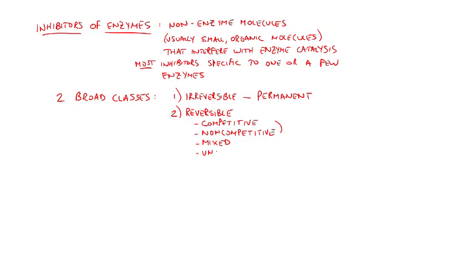And then we've got a weird class called uncompetitive inhibitors. And we'll talk about that one later. And then lastly, we have allosteric inhibitors, and we've already pretty much seen those when we were talking about cooperative binding proteins.